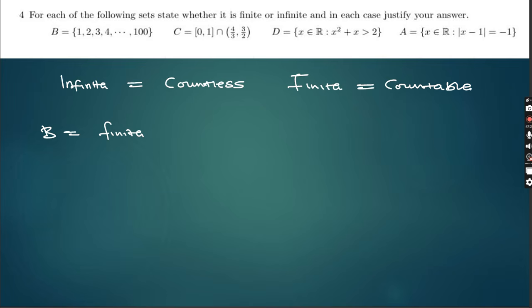I want you to understand this. For this set, we can either just understand it by writing what the set really means, or we can also display it on the number line.